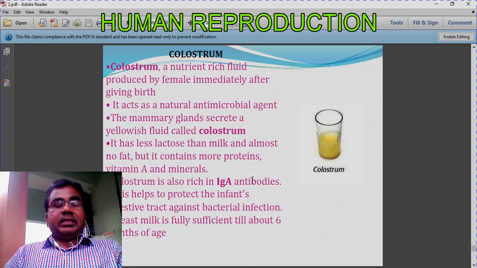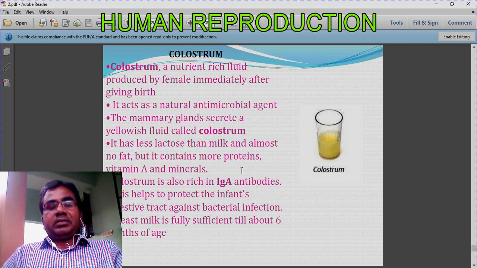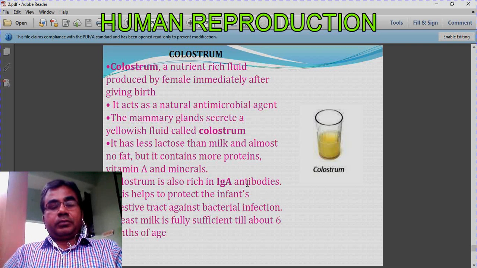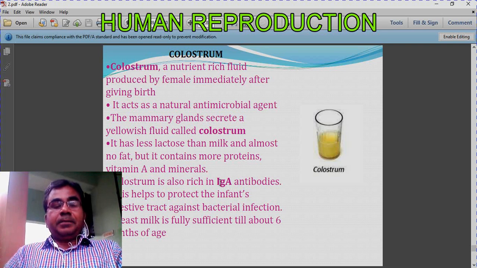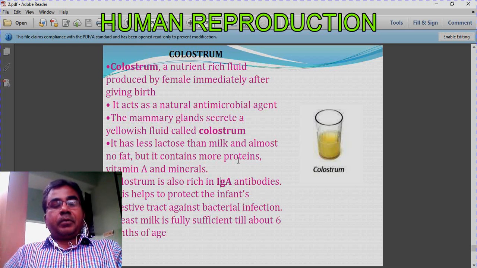Otherwise you can say this colostrum is rich in IgA antibodies. These antibodies will fight against the microbes. This will help and protect the infant's digestive tract against bacterial infection. And not only this, it also contains some nutrients like proteins, vitamins, minerals, that are needed for the child.